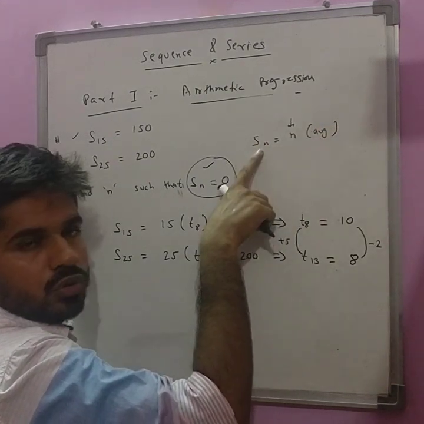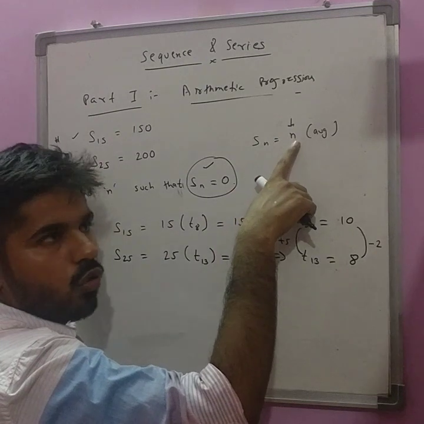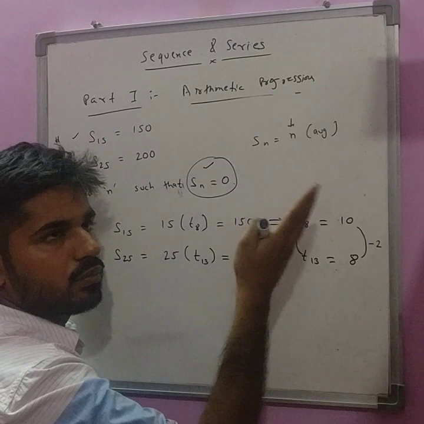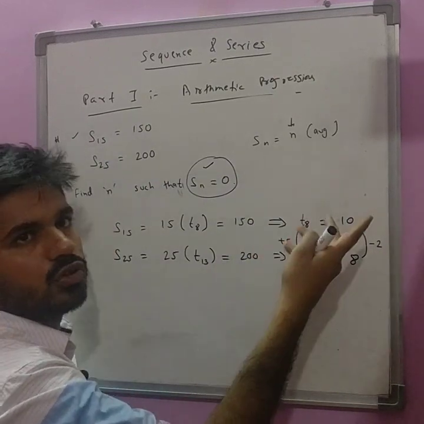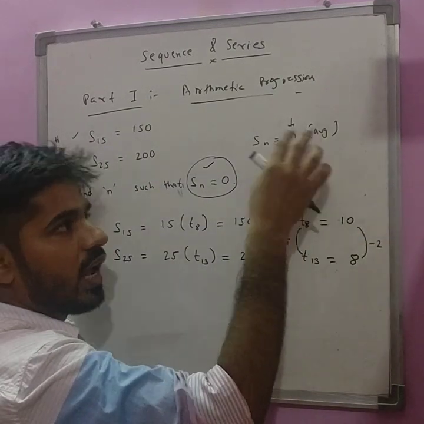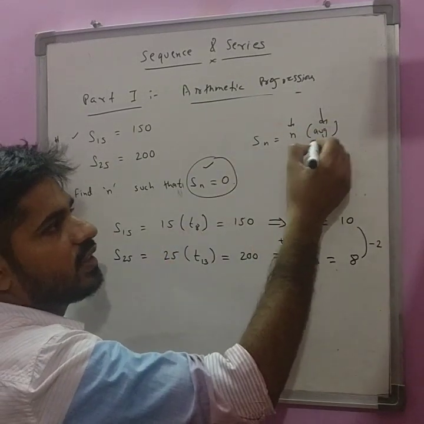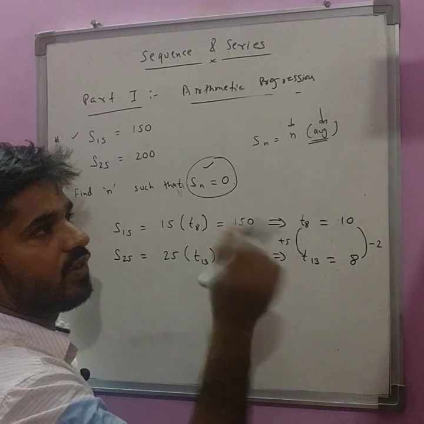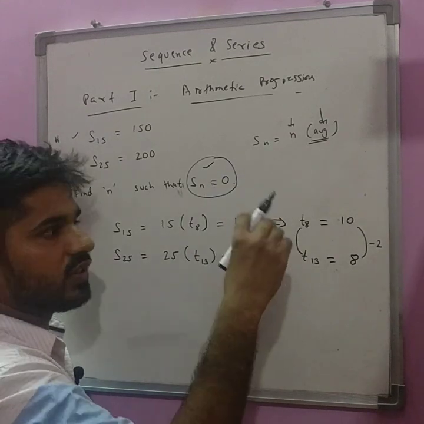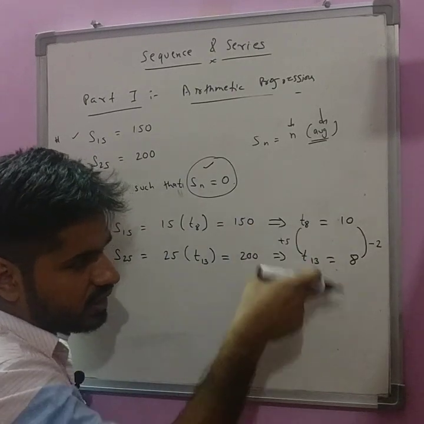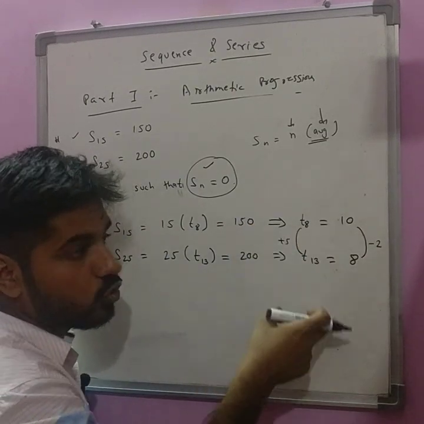If the sum is 0, either the number of terms is 0 or the average value is 0. But the number of terms can't be 0 because then there is no series, right? So the average must be 0. If the average is the middle term, then the middle term must be 0. So which term of the series can take the value 0?